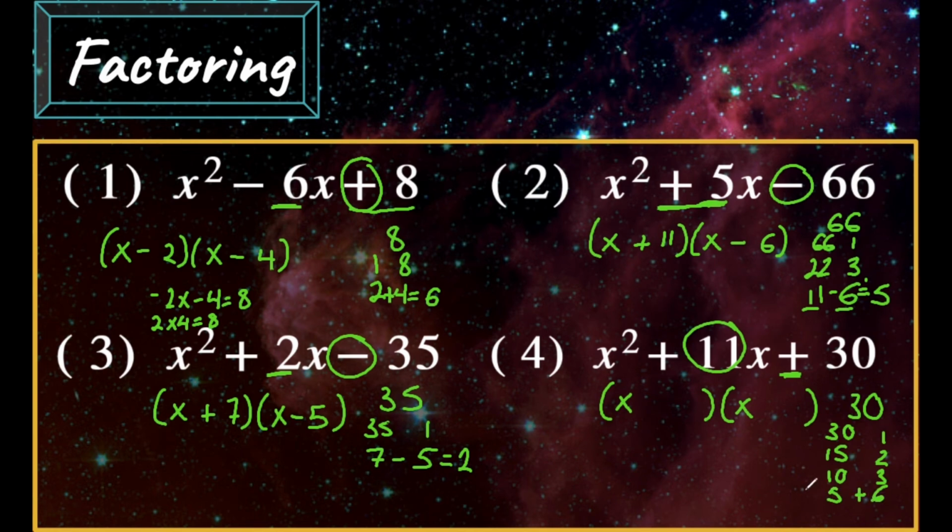When we add 5 and 6, that's how we get 11, which is the middle number. So these are going to be the two terms inside of our binomials. So we're going to have 5 and 6. Since the 30 is positive, that means both of these need to be the same sign. And since the 11 is positive, that means both numbers have to be positive, and we're going to end up with x plus 5, x plus 6.